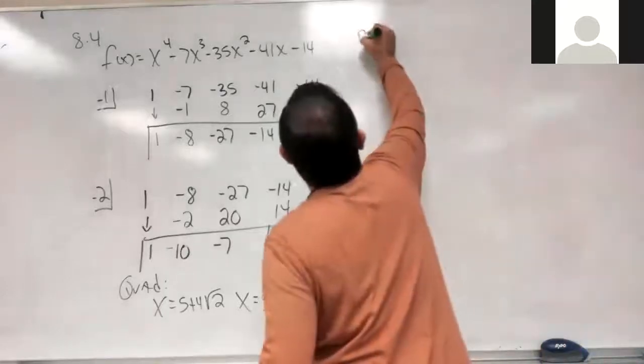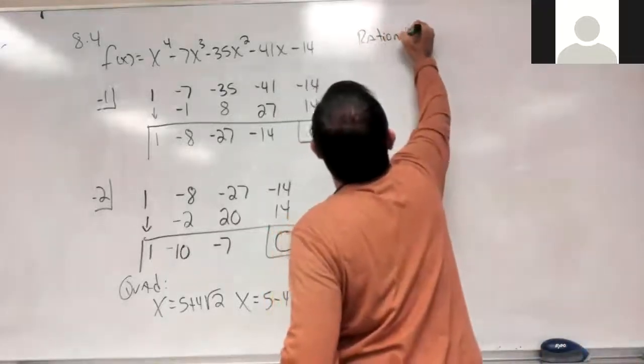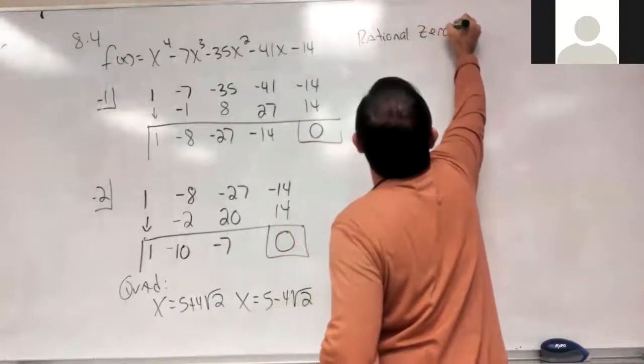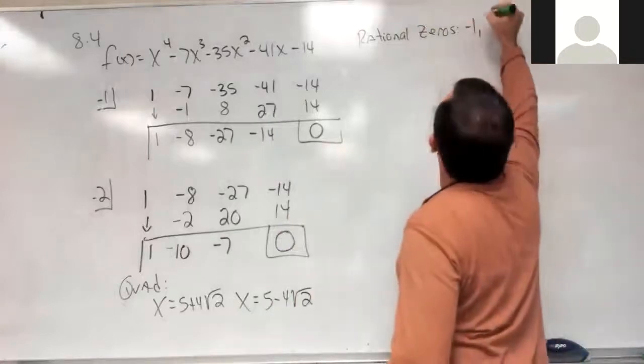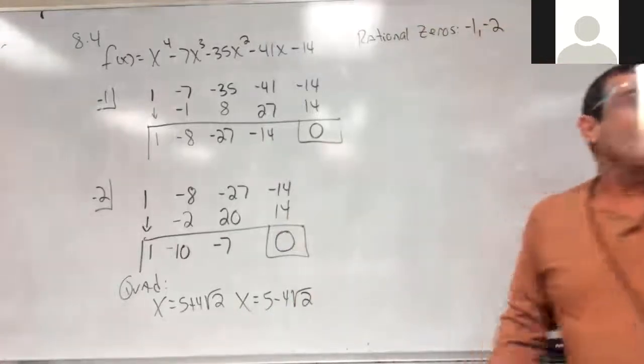So let's see if y'all can figure out my rational zeros. Well, radicals are irrational numbers, so the only rational zeros are -1 and what was that, -2?